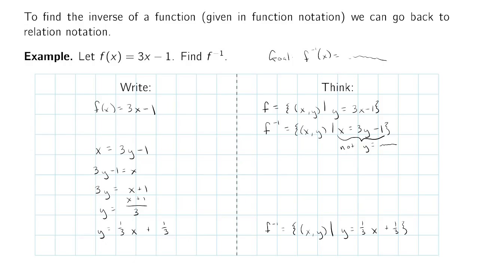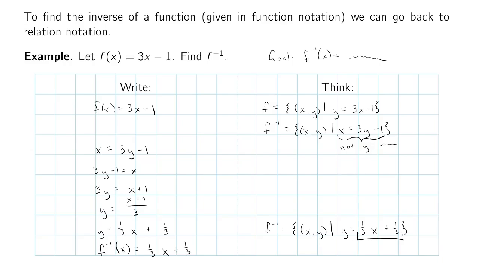Oh, but now that's the form that I need in order to be able to write function notation. All right, we have y equals some expression. That's the expression for f inverse. Our final result is going to be f inverse of x is 1/3 x plus 1/3.